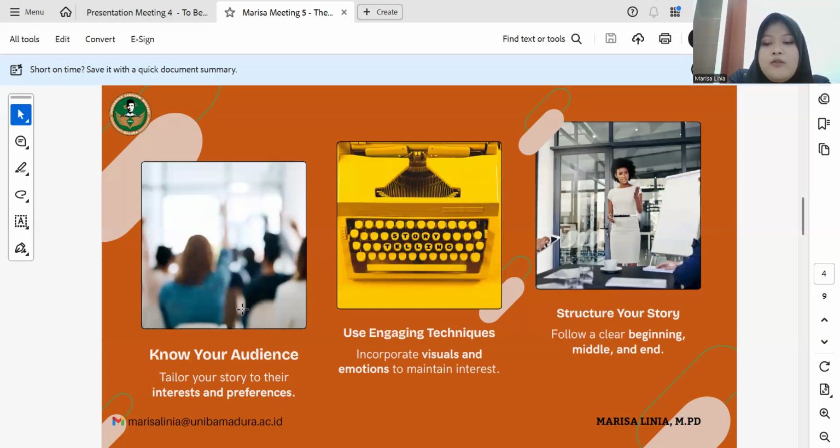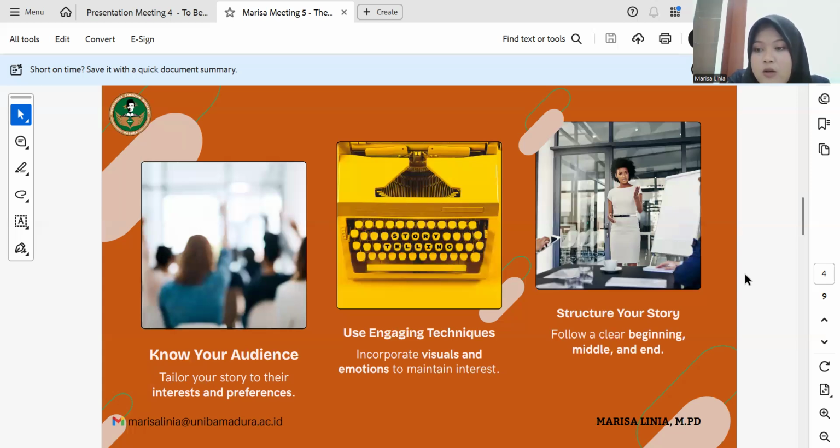Don't put the end first, or don't mix up the middle and the end of your story, because it will make your audience confused. So please pay attention to the structure: the beginning, the middle, and also the end of your story.